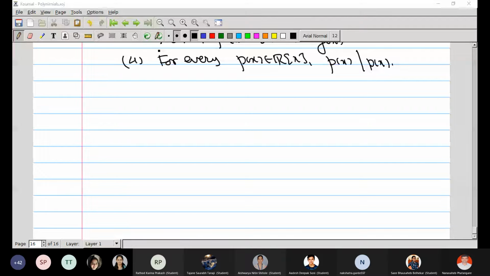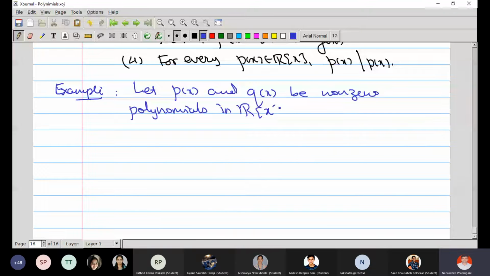State: p(x) and q(x) are non-zero polynomials. In R[x], we are basically considering real coefficients, so rational coefficients include integer coefficients, right?